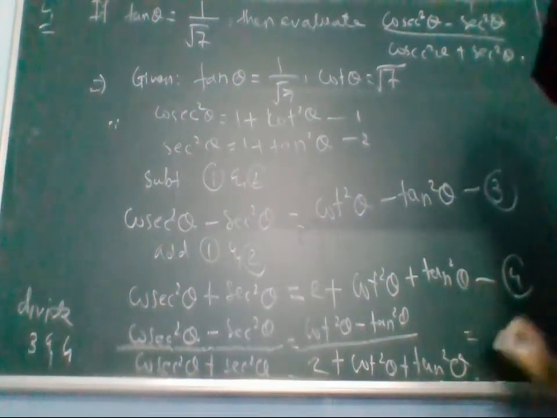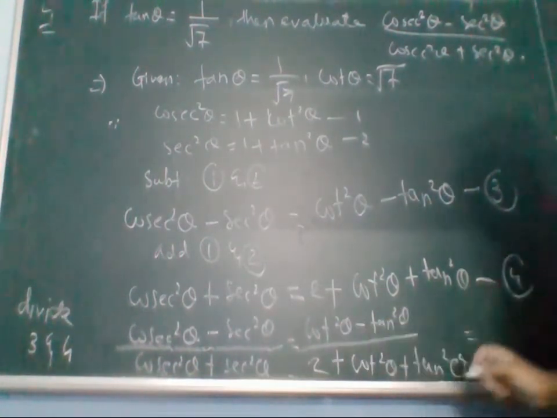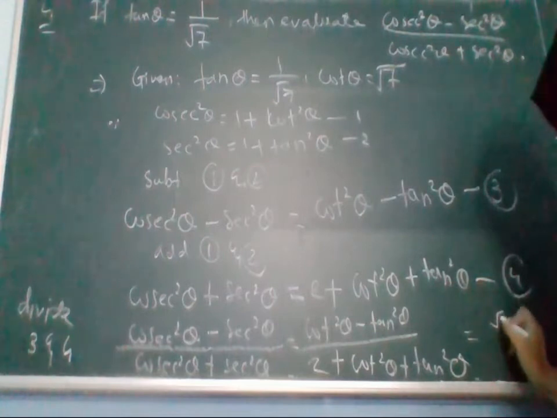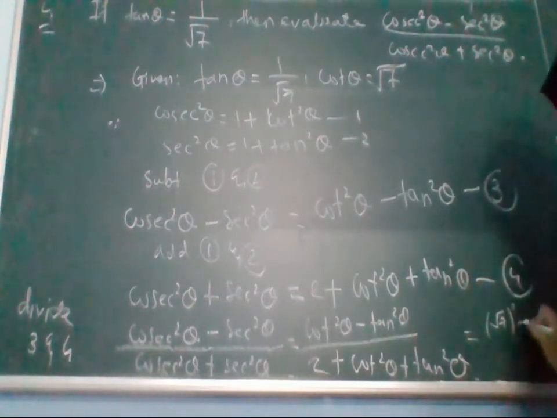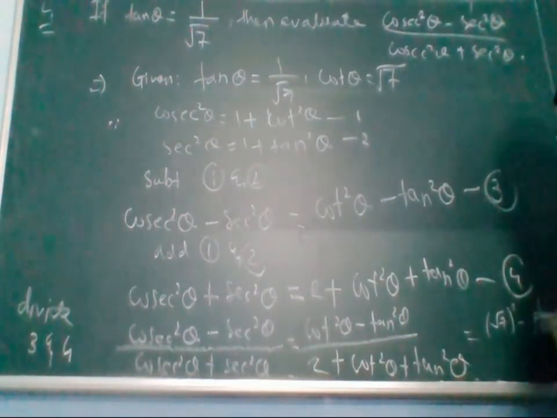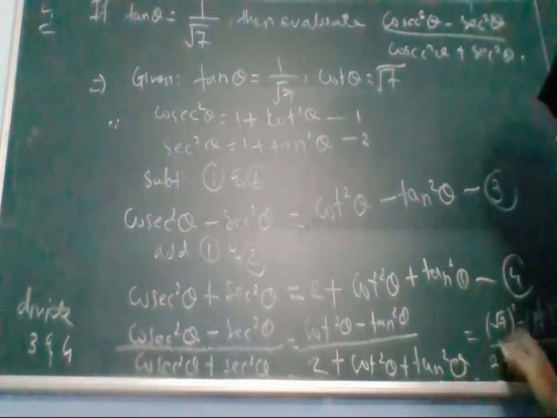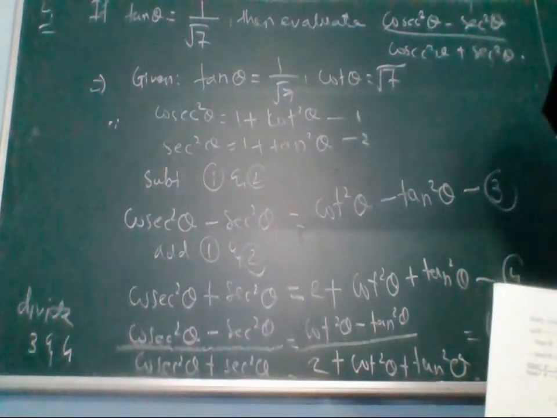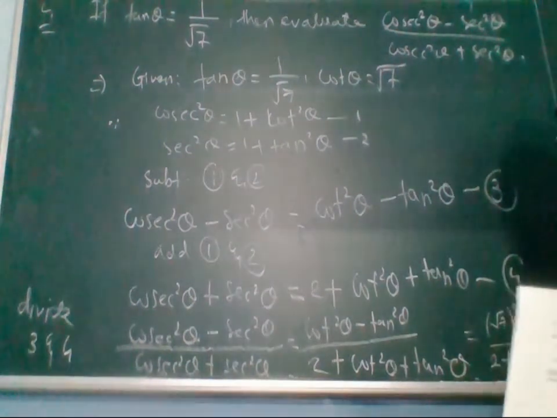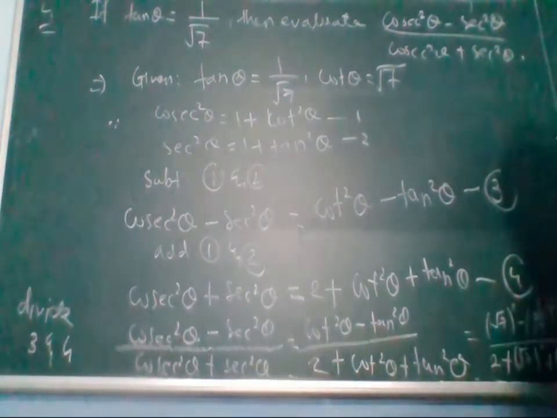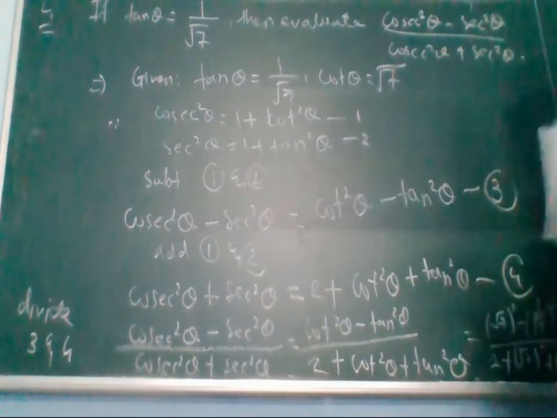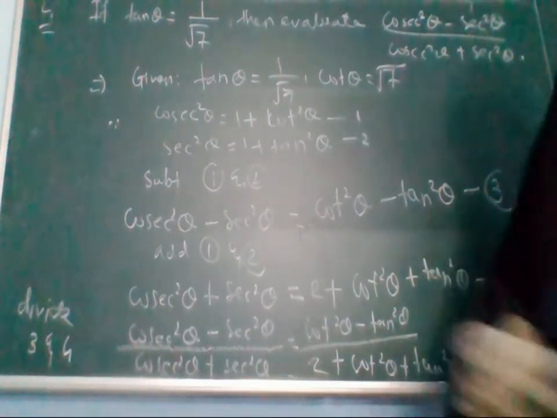You will get, cot is equal to root 7, so root 7 whole square minus 1 upon root 7 whole square, divided by 2 plus root 7 square plus 1 upon root 7 square. Okay, so solving this, I am writing here.